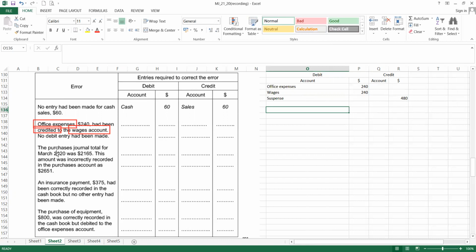Okay, next is that the purchases journal total for March was 2165. This amount was incorrectly recorded in the purchases account. So first of all, need to see whether over or under. It was incorrectly recorded in the purchases account as 2,600. That means purchases account overstated.